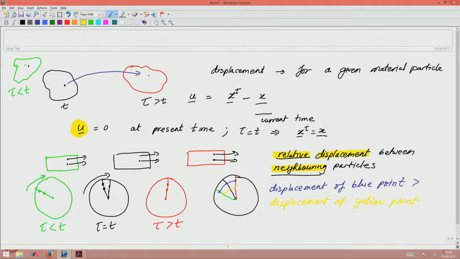So, the displacement gradient will not be 0 for rigid body rotation.